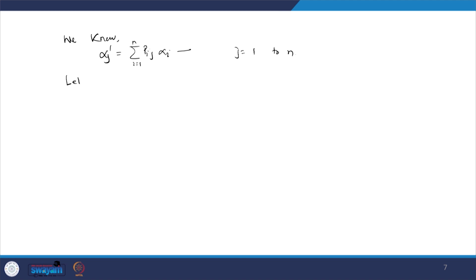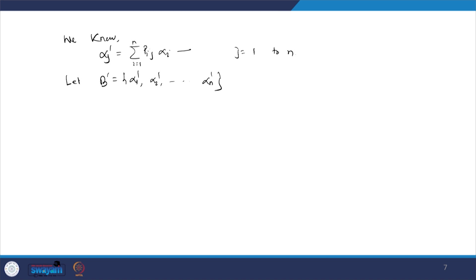Let B prime equal to alpha 1 prime, alpha 2 prime up to alpha n prime. So, I have constructed n elements of capital V, please. I claim this is an ordered basis for the vector space V, please. With this order, the first element is alpha 1 prime, second is alpha 2 prime and nth is alpha n prime, please.